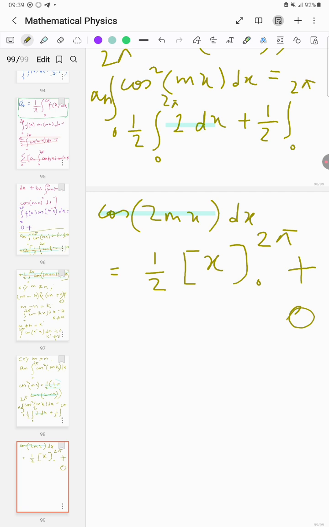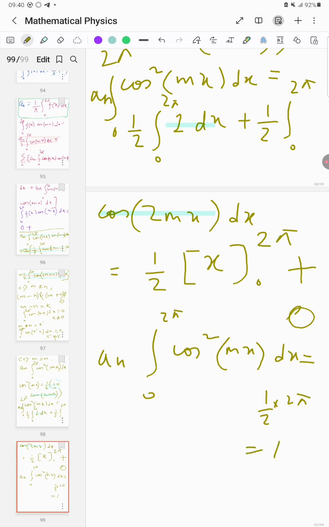So the second term will yield us 0. So what is our integration result? The result is an integration 0 to 2 pi cos square mx dx is equal to half of 2 pi, which is equal to pi. The 2 and 2 get cancelled off.